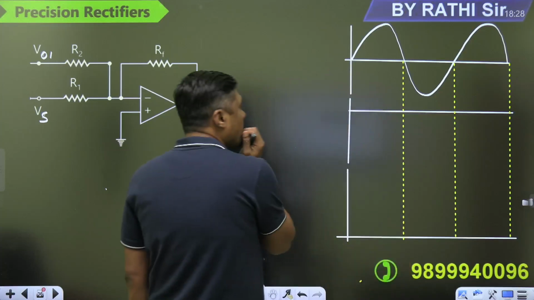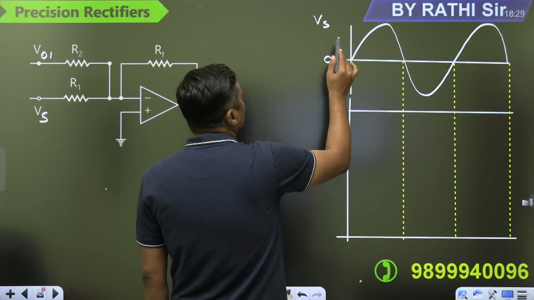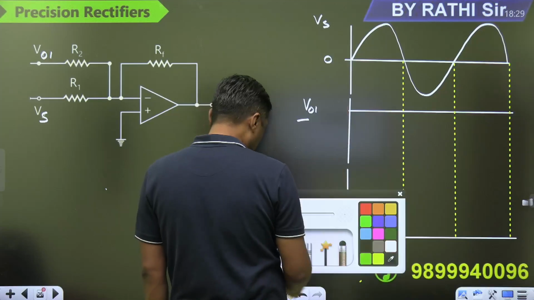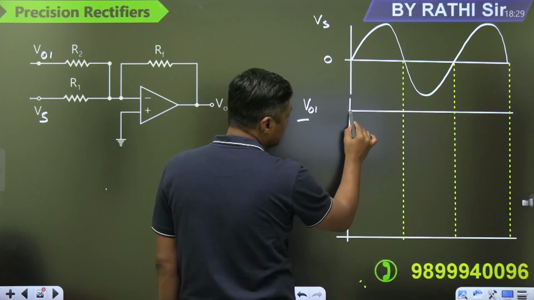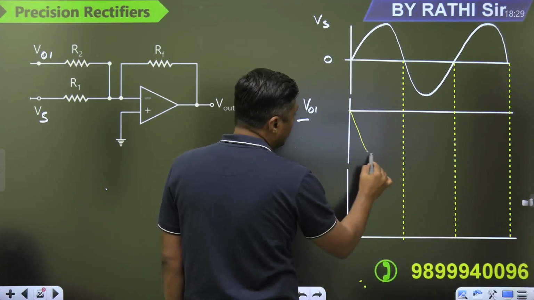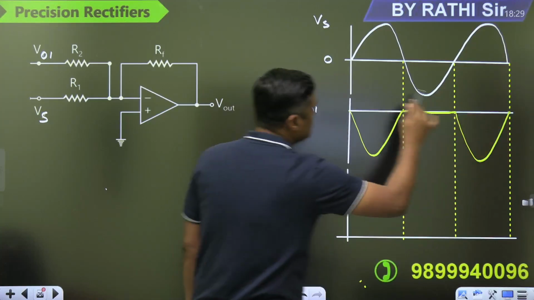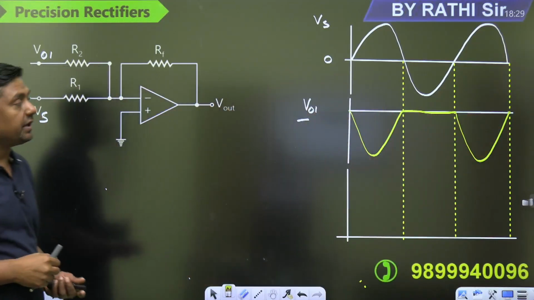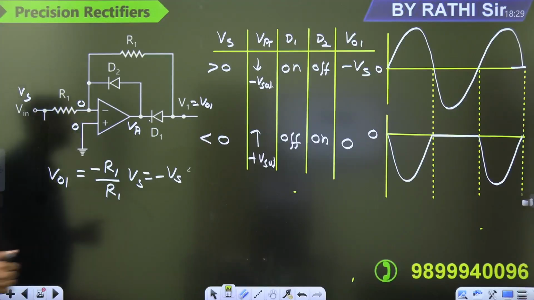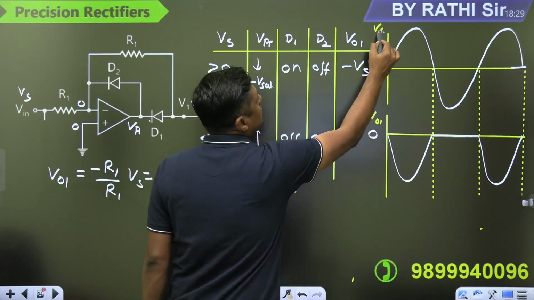Now, what is V01? Already we have an idea. For the positive half, what is the output? Negative. And for the negative half, what is the output? 0. And so on. This is V01. Already I have given you the idea. This was the output V01. And this is Vs.